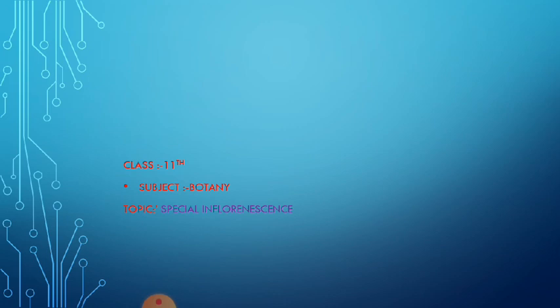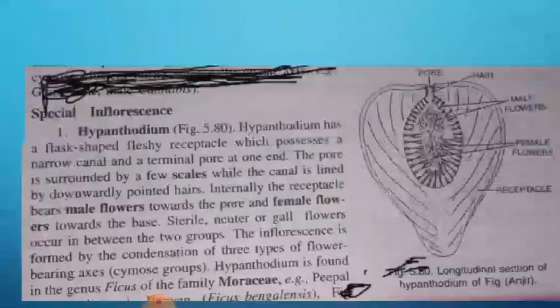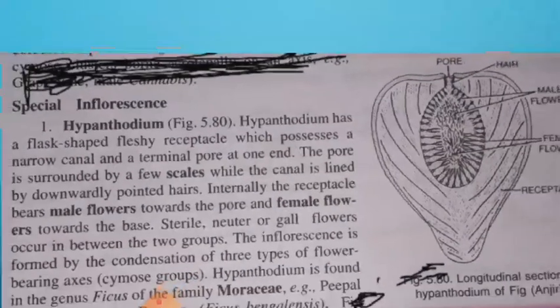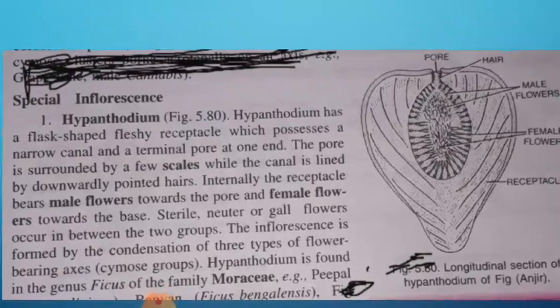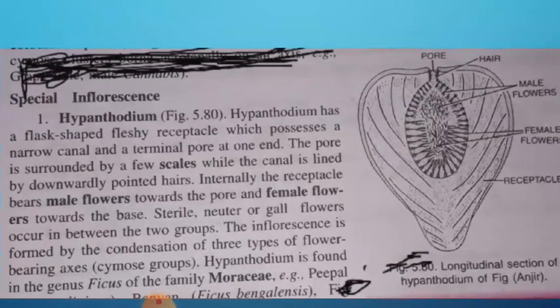First is hypanthodium. What is meant by this hypanthodium? Hypanthodium has a flask-shaped fleshy receptacle which possesses a narrow canal and a terminal pore at one end.